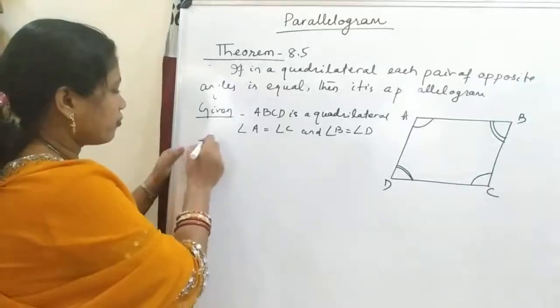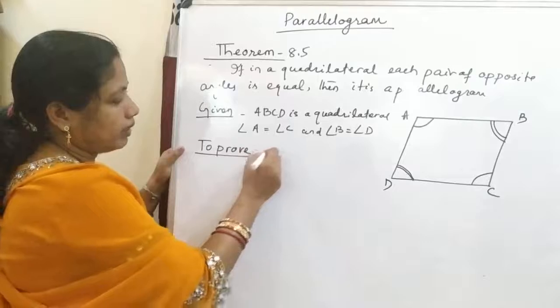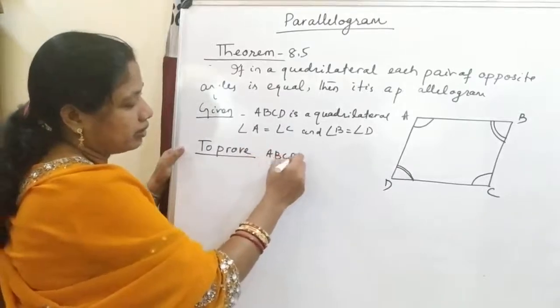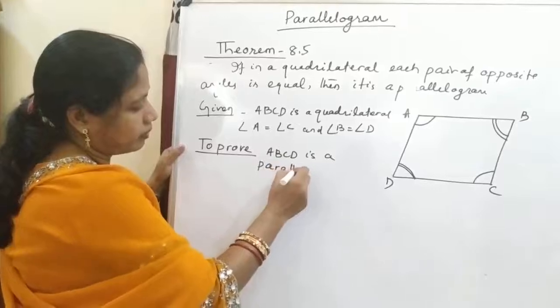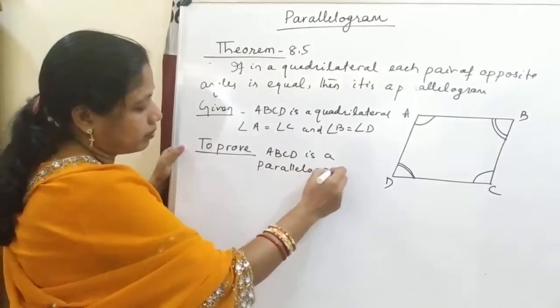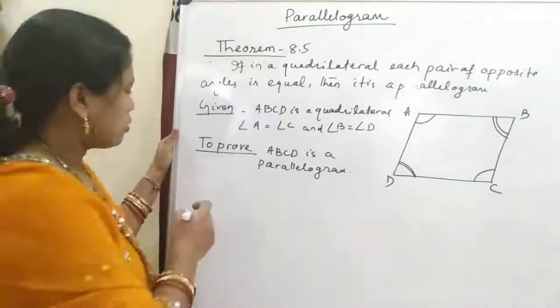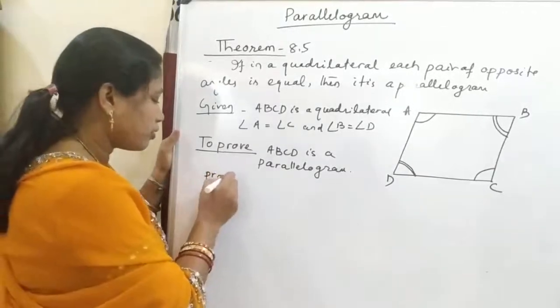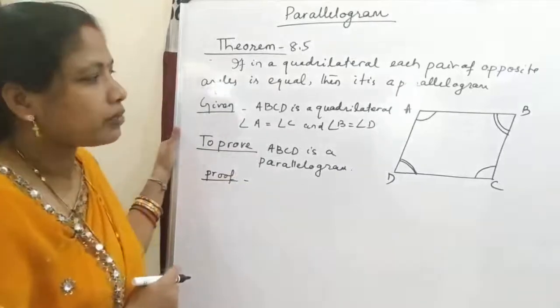Then to prove, ABCD is a parallelogram. No construction is required. Here we will prove this theorem by using the angle sum property of a quadrilateral.